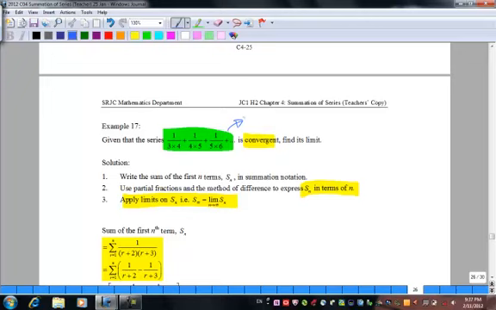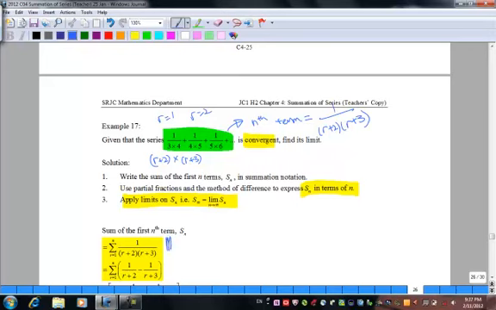So what I see is, this is for r equals to 1, right? So this is going to be r plus 2 times r plus 3. Now for r equals to 2, do you see that the same pattern follows? Hence, the nth term is going to be 1 over r plus 2 times r plus 3. So the sum to n terms is basically going to be given of this form.